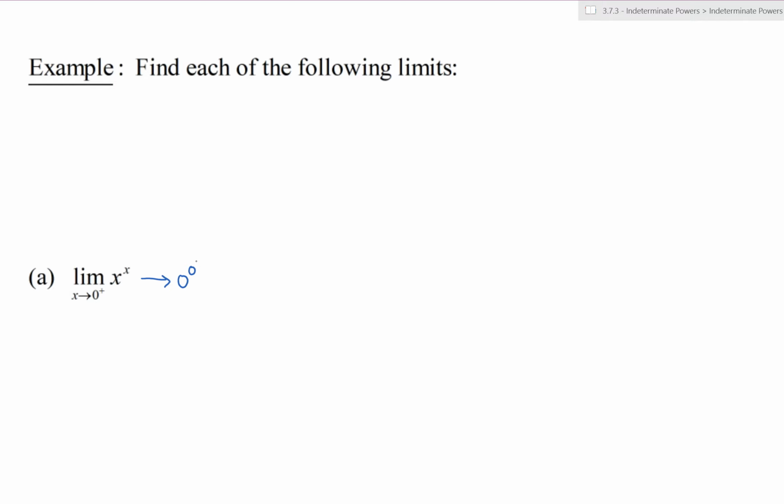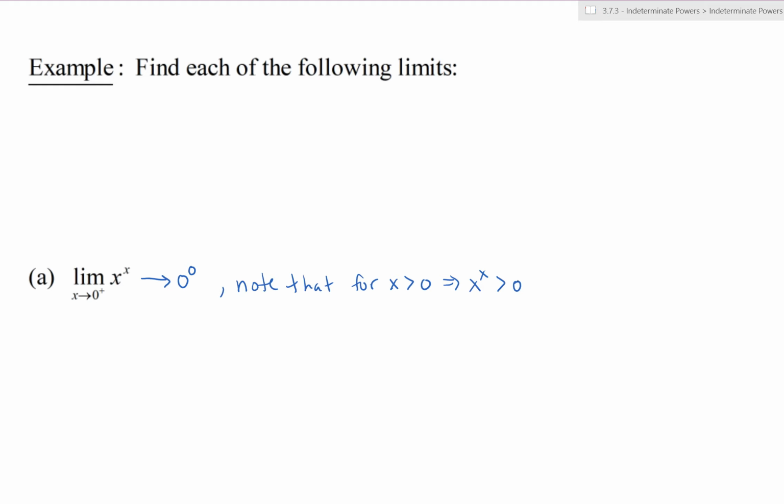Well, one way to think about this is possibly using a logarithm to help manipulate this limit. One thing to note is that for values of x that are positive, we have that x to the x is going to be positive. So that's good, because if we need to take a logarithm, then we know it's going to be defined.